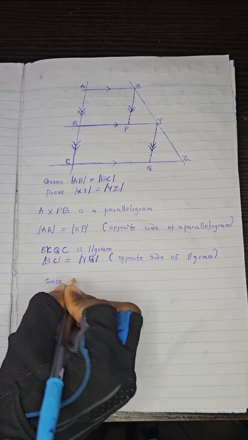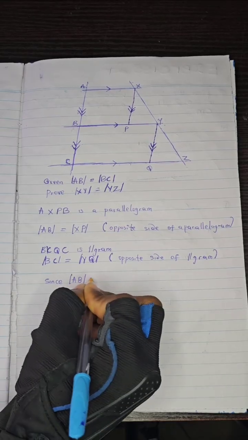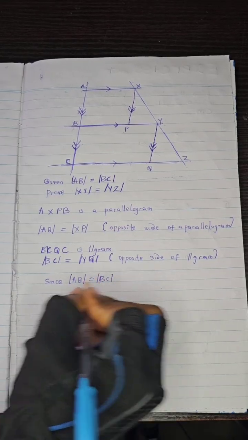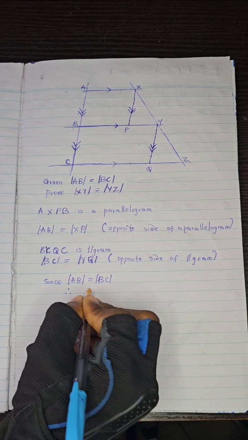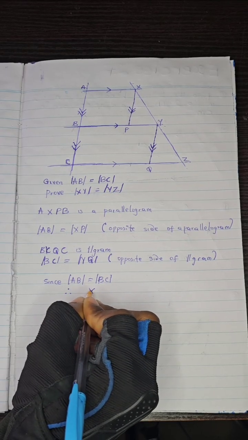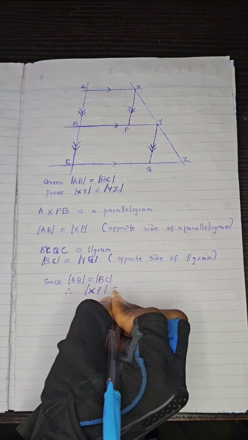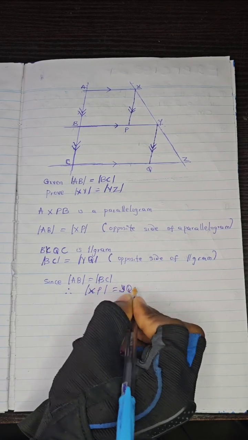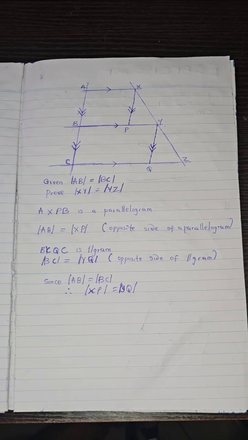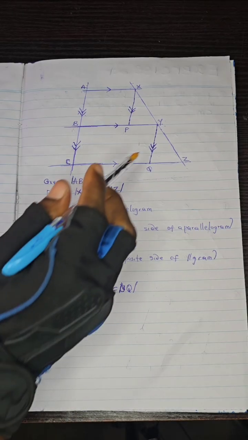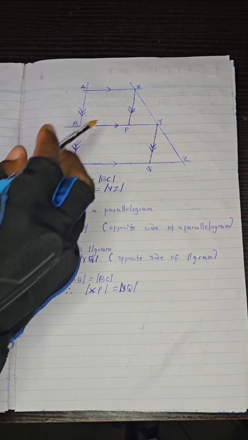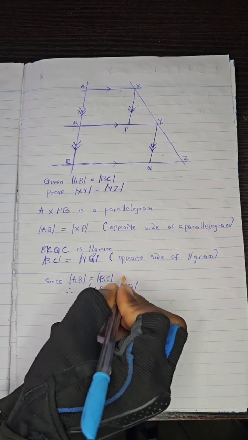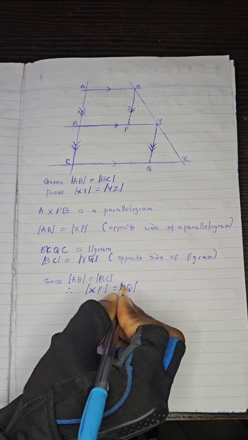Since AB is equal to BC, you understand? Therefore, XP is equal to YQ. That's very clear. Since this is equal to this and this is equal to that, this is also equal to this. These two are equal. Never mind my mistake here.